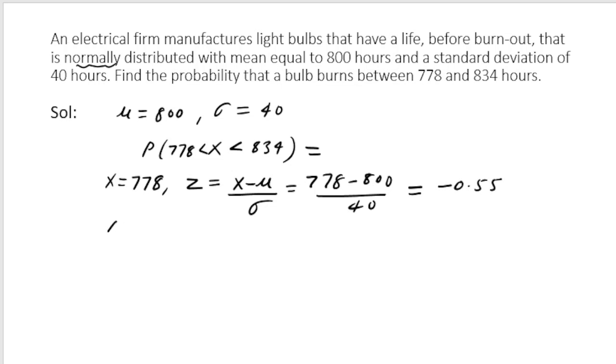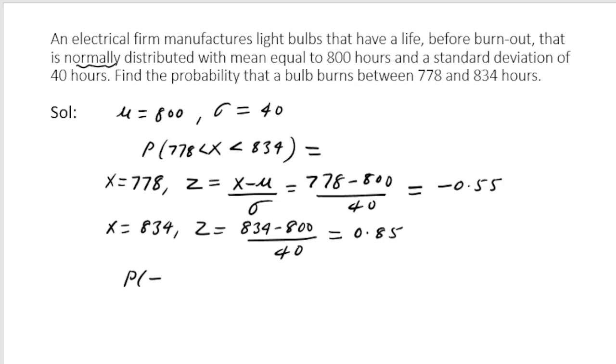And if x is equal to 834, what will z be? z will be 834 minus 800 divided by 40, which is equal to 0.85. So we have to calculate the probability for minus 0.55 less than z less than 0.85.